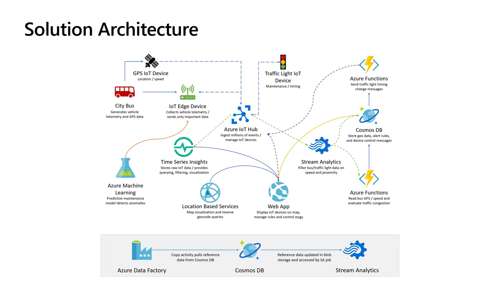For example, if the driver puts too much pressure on the brakes, it should be able to detect that as an anomaly and maybe report it as an engine alert or something like that back to HQ.